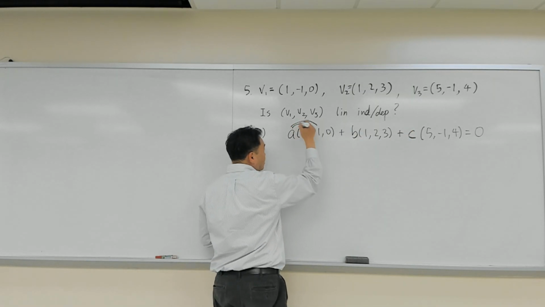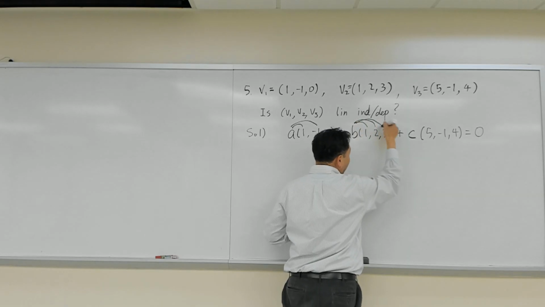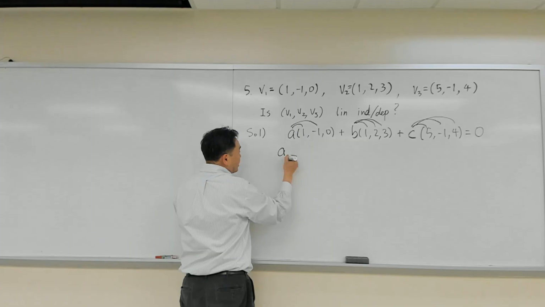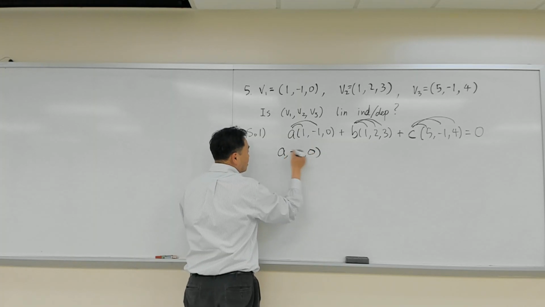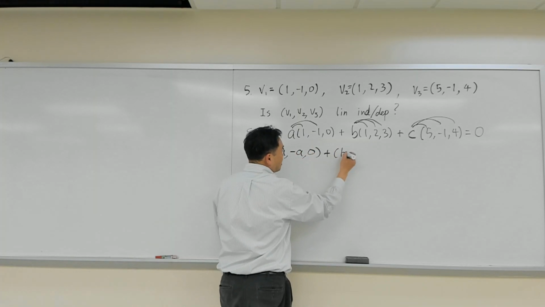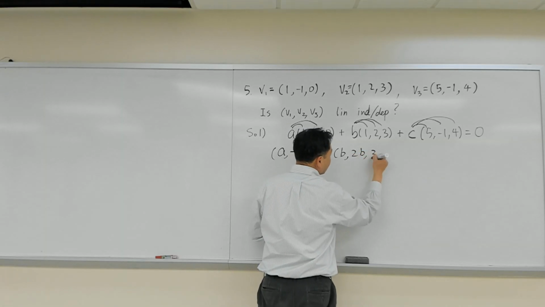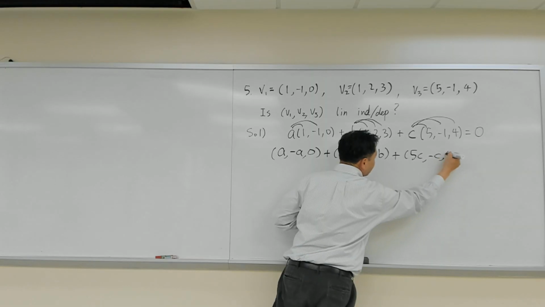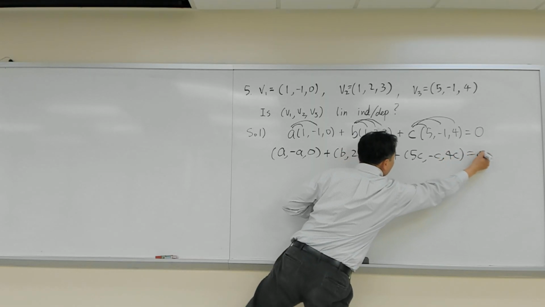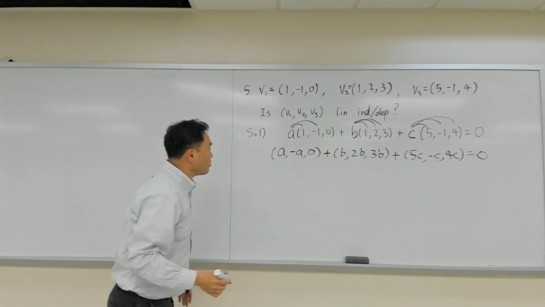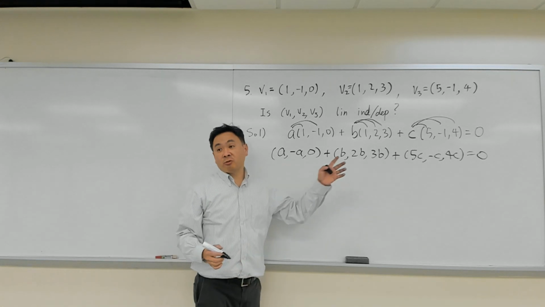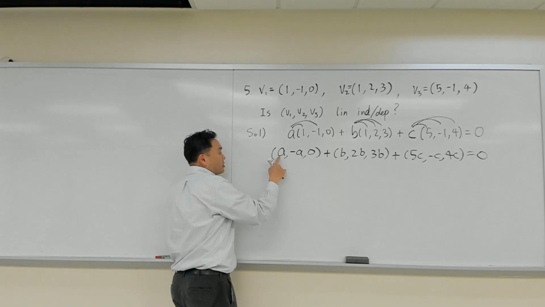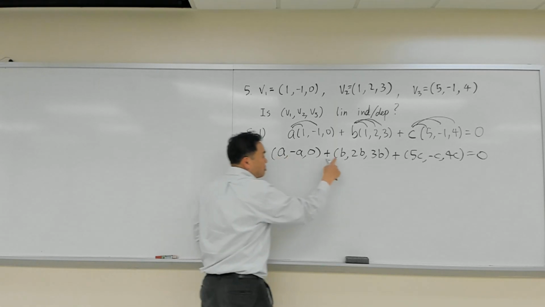Okay, we're just going to compute the scalar multiplication first, which gives you (A, -A, 0), (B, 2B, 3B), (5C, -C, 4C), equal to 0. And now we have to do the vector addition. Vector addition adds by component, right? So the x component is A, B, and 5C.